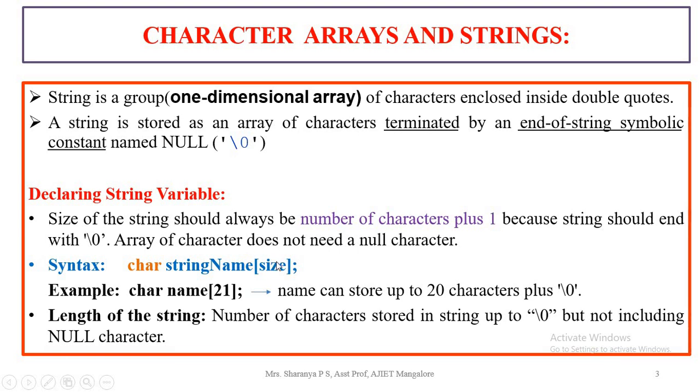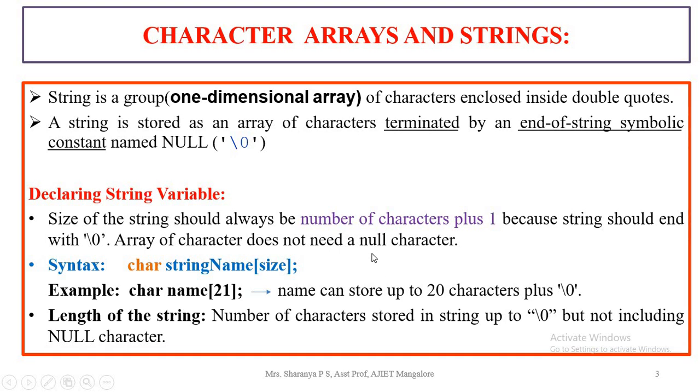When we mention the size, we have to be very careful. Since every string ends with a \0, the size should be one more than the contents that we store in the string.